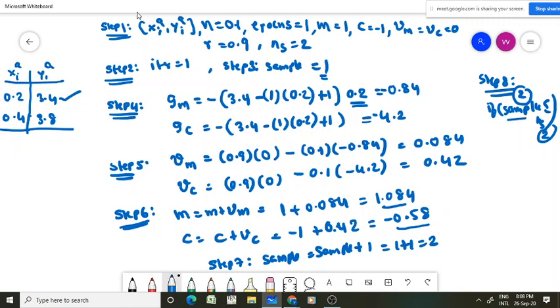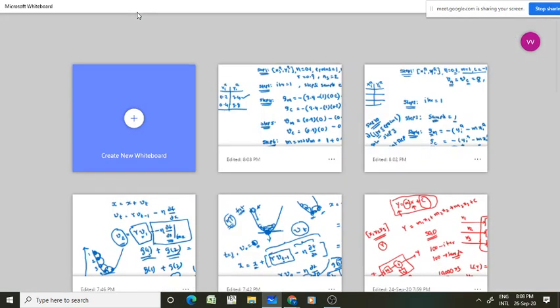Now in step 4, we have to calculate the gradient with respect to M and the gradient with respect to C for the second sample. So you have to remember the M and C values: 1.084 and minus 0.58. Now we are working on step 4 again for the second sample.